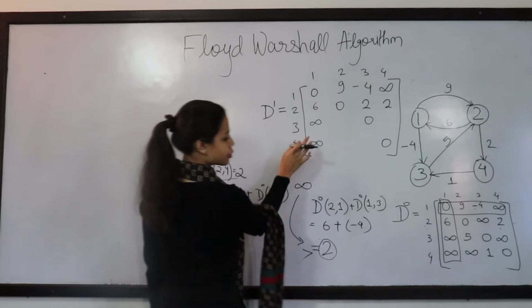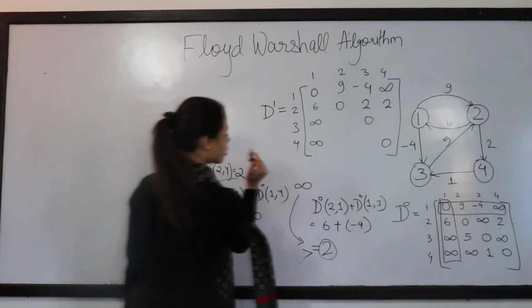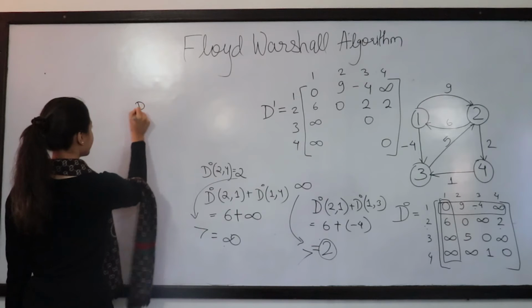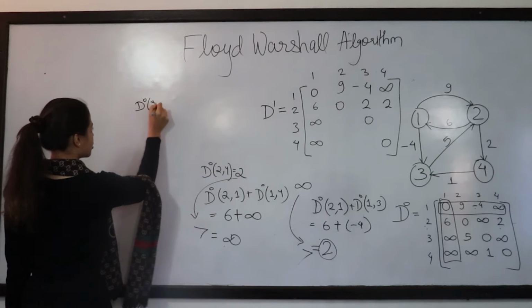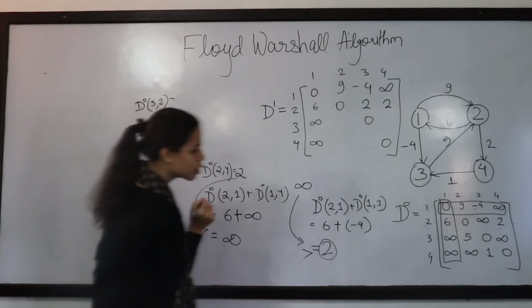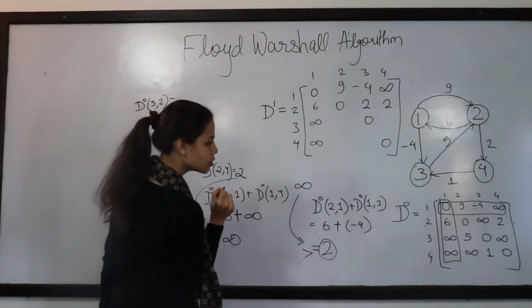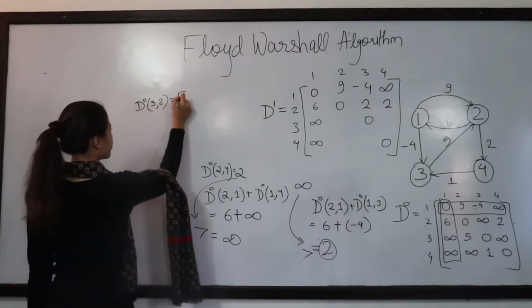Now from 3 to 2, we have in D0 the value 5.